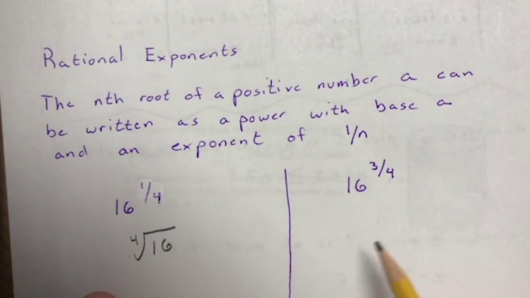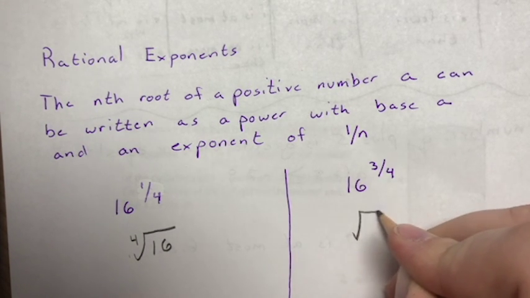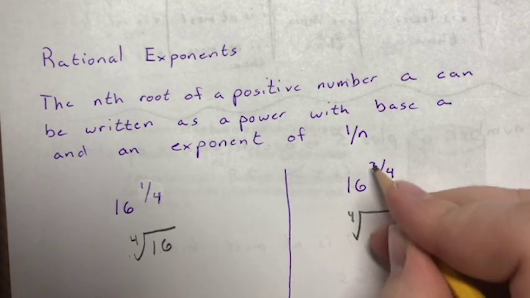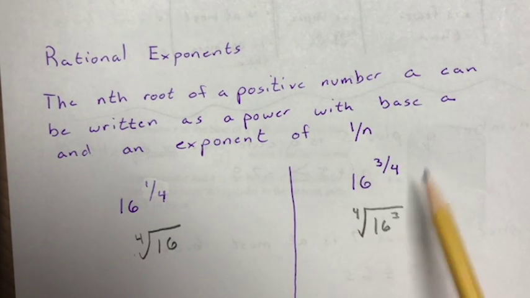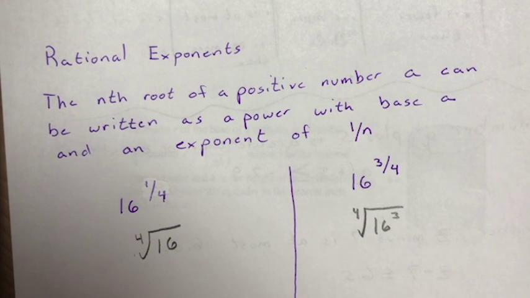The same thing can be done here, but this time the root is still going to be 4 because that was in my denominator, while the numerator stays as my exponent. So if I were to rewrite this, it would be saying 16 to the 3/4 power, or what number multiplied by itself 4 times is equal to 16 to the 3rd power.